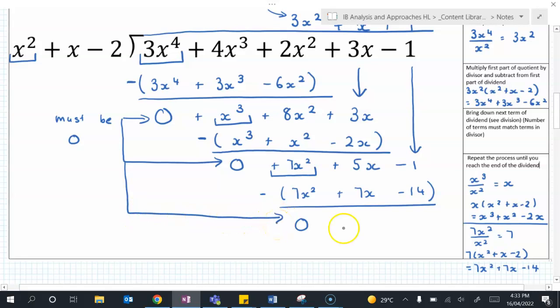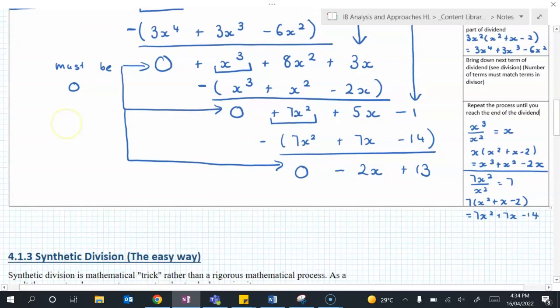5x take 7x is going to give me take 2x. And minus 1 take minus 14 is minus 1 plus 14. So plus 13. And so now we've got minus 2x plus 13. And here the degree of this is 1.